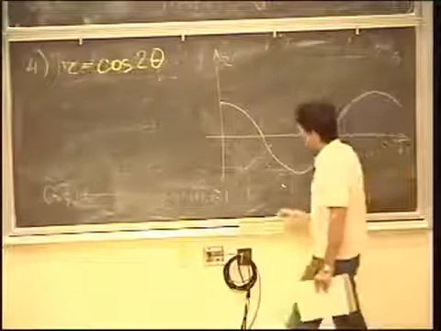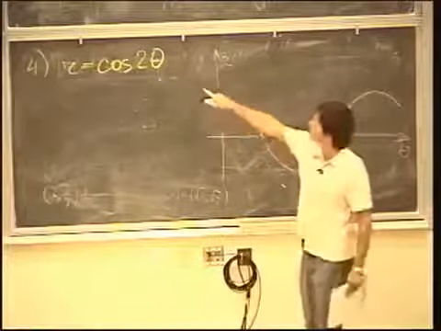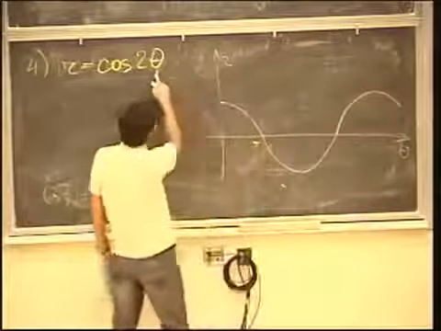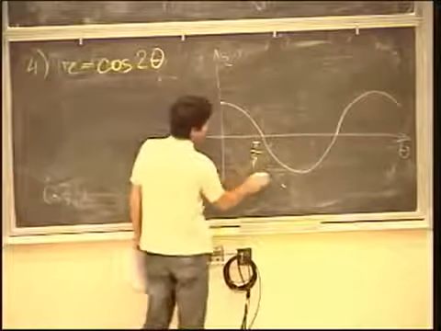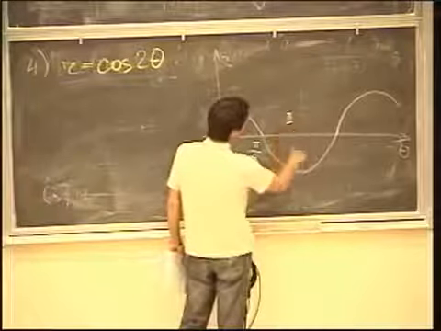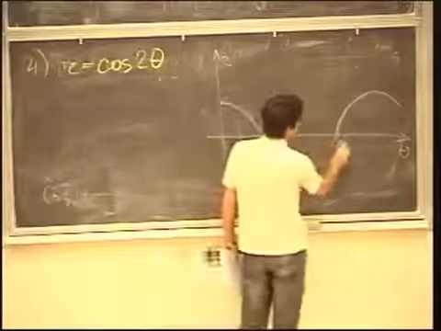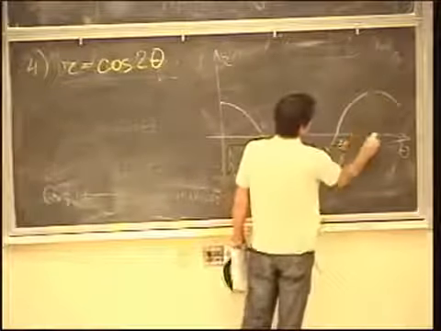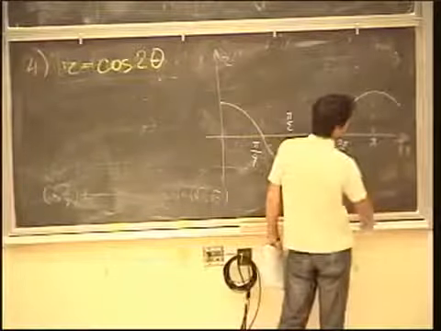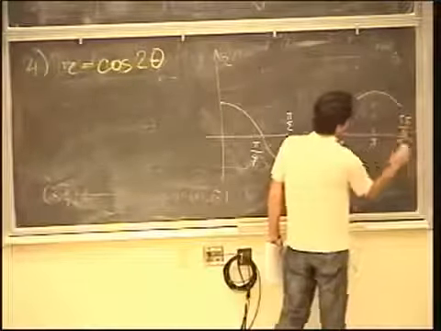But now we have to realize that normally if it were cosine theta, this would be pi over 2. But because it's 2 theta, it's going to be pi over 4. And this will be, normally it would be pi, but now it's pi over 2. And this is like 3 pi over 4. This is pi. And then it continues like this. So for example, at 5 pi over 4, it's going to reach 0 again, and so on.